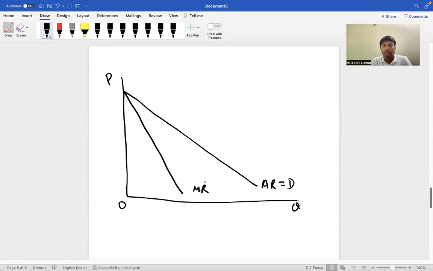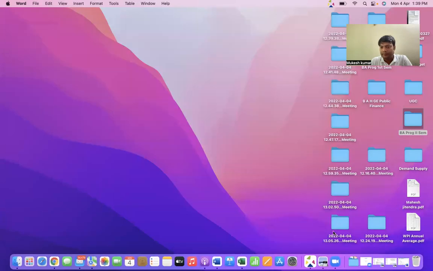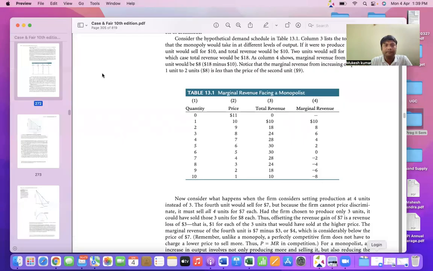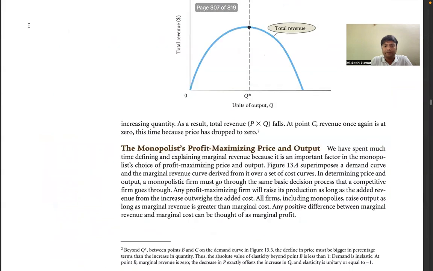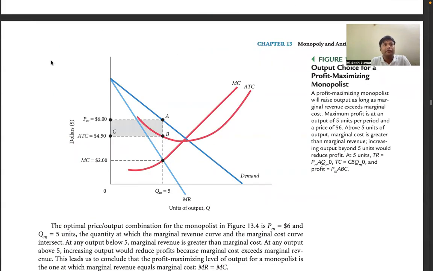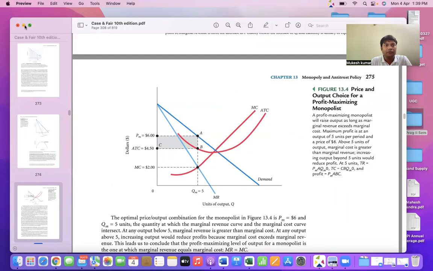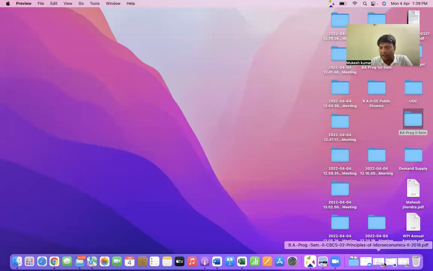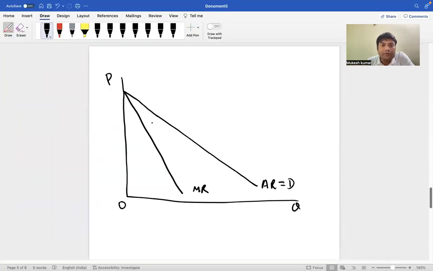Suppose that average total cost is like that, if we see this diagram in the book.